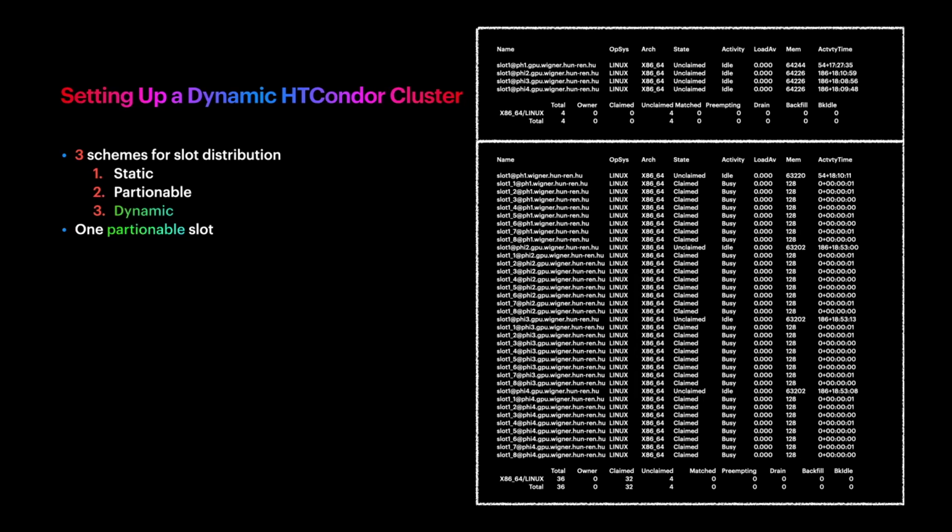For each execute node, we have one partitionable slot, as you can see in the upper figure. And there are dynamic slots created from it. So for example, if I don't need the entire cluster, I just need more memory and more disk space. During my data analysis, I needed a much bigger memory size because my file was bigger.